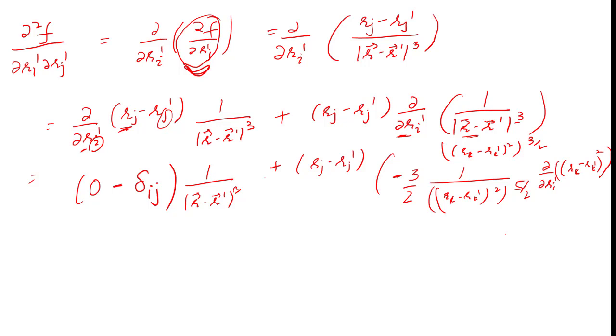So that's going to give me here, the first term is negative δij divided by |r − r'| cubed, and the second term is rj minus rj' multiplied by minus 3/2.